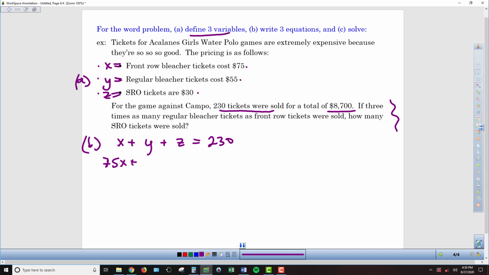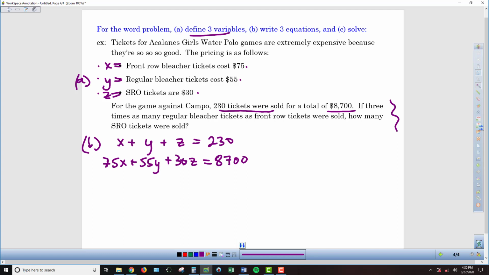I'm going to do the same thing for the Y, so it's going to be 55 times Y, so $55 a seat times the number of seats, and then finally plus 30 times Z for the standing room only tickets. And so then together that adds up to the amount of money that we raised, which was $8,700.